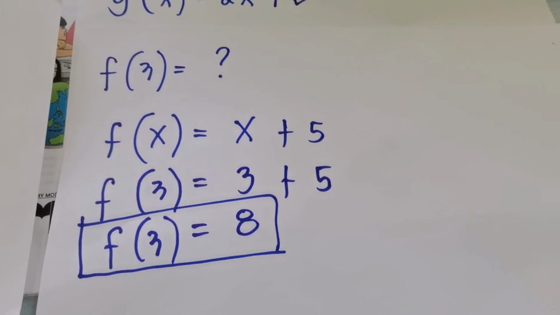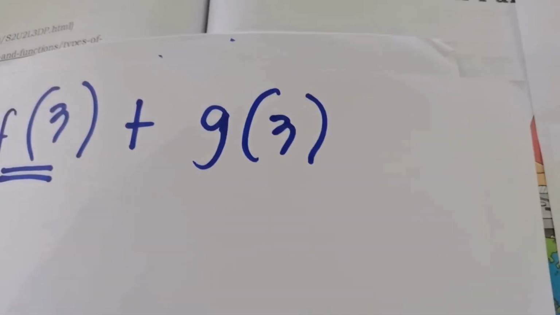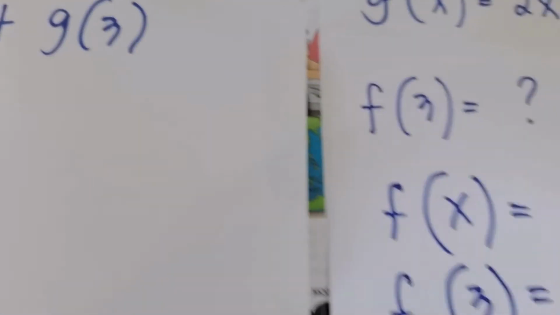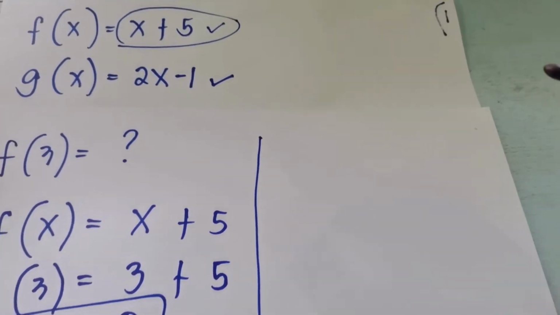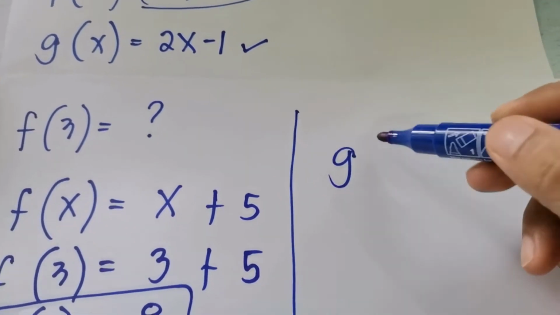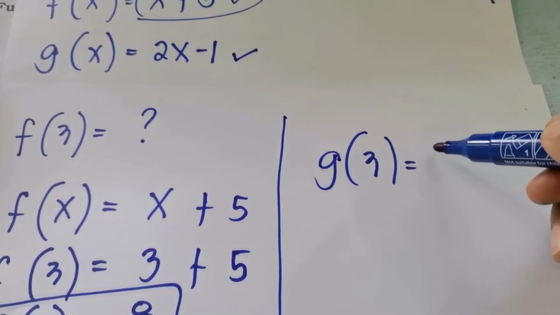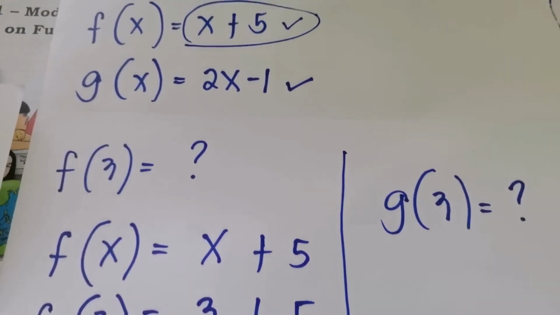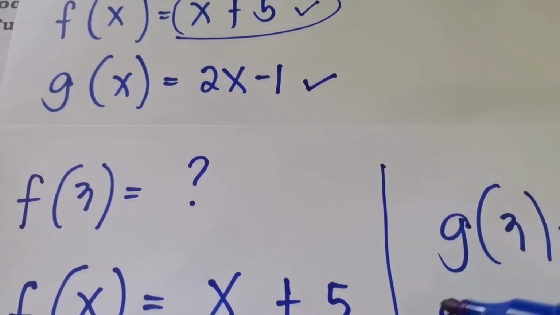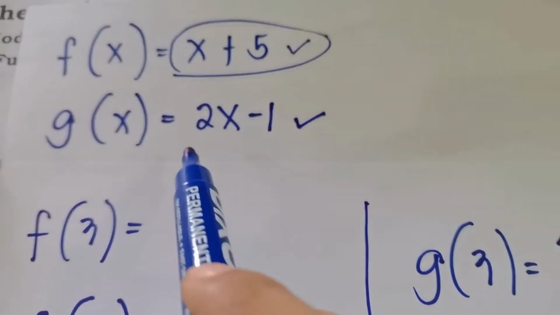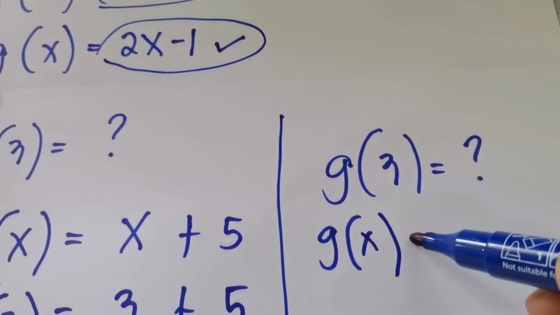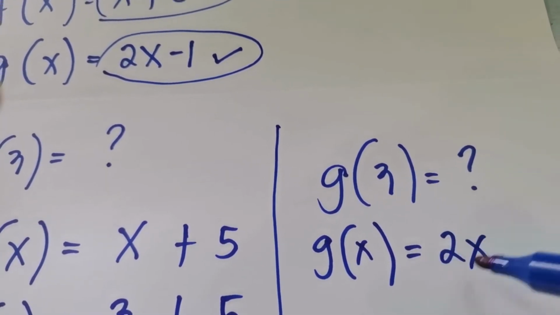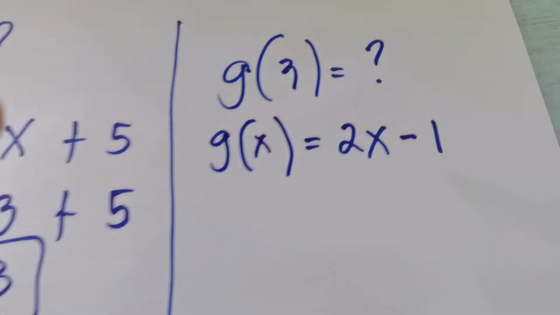Next, we're going to solve g of 3. The given is g of x, which is equal to 2x minus 1.